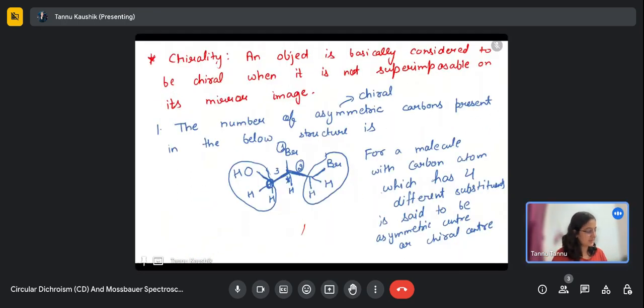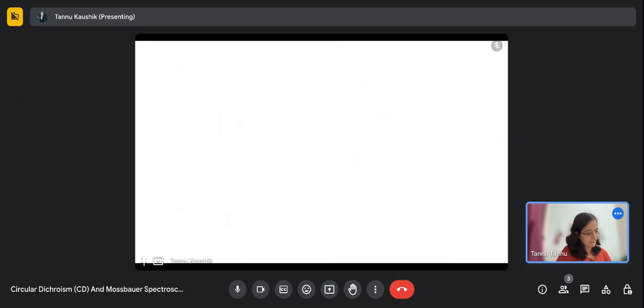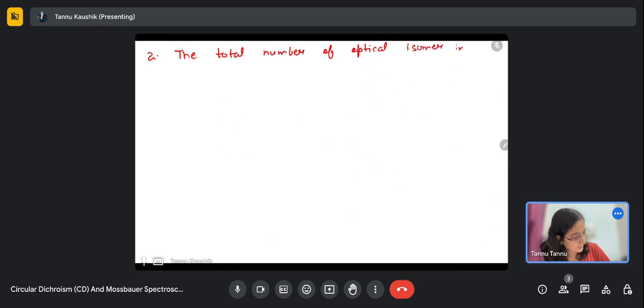So we were discussing these examples on chirality in a molecule. Let's take another example. The total number of optical isomers in the given compound.